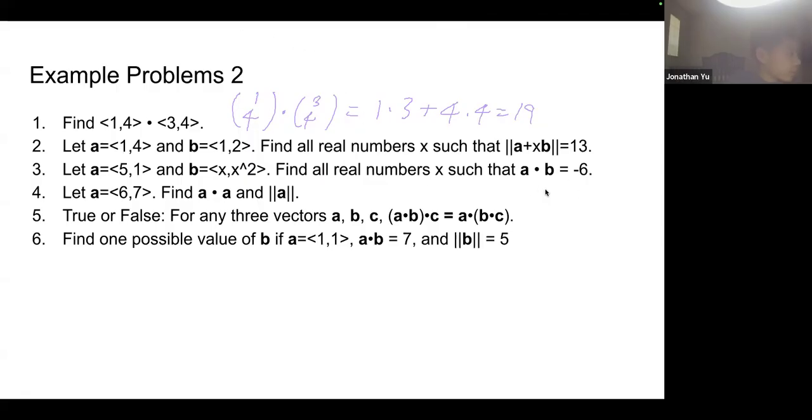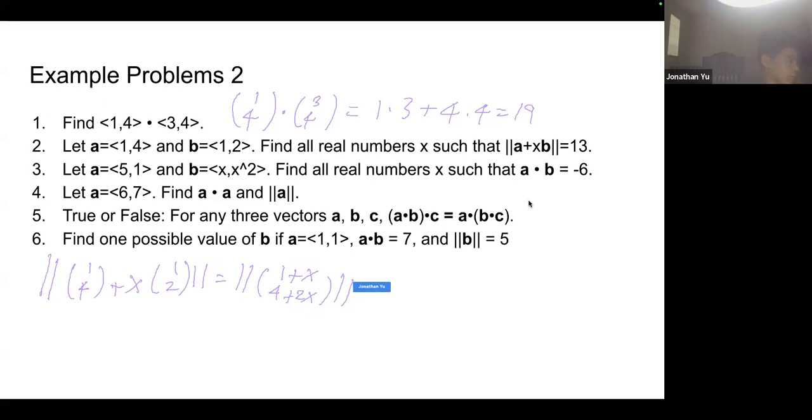Okay, so for the second one, first we're going to plug in A and B into this expression. So we get (1, 4) plus x(1, 2), which is equal to (1 plus x, 4 plus 2x).